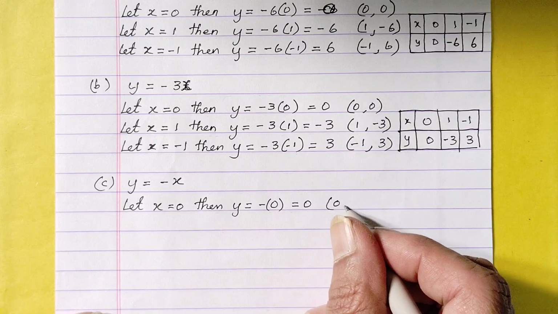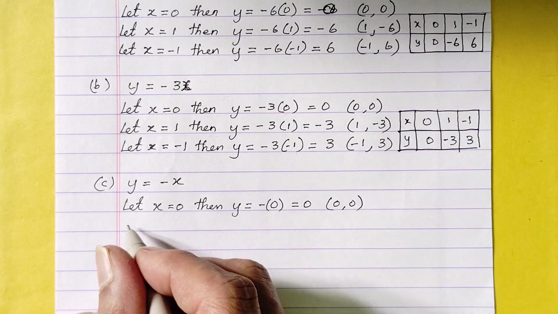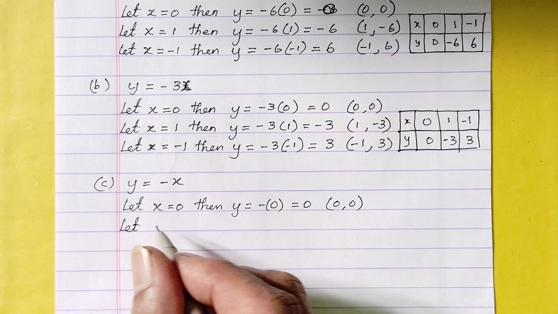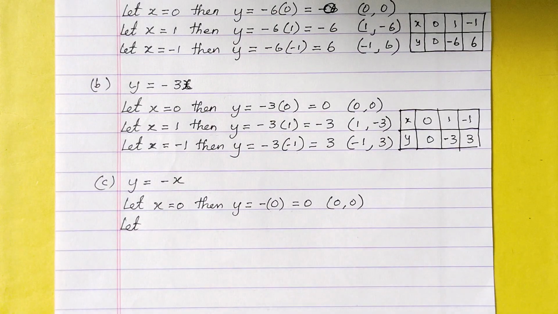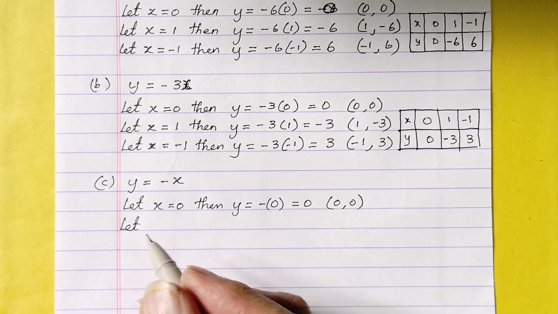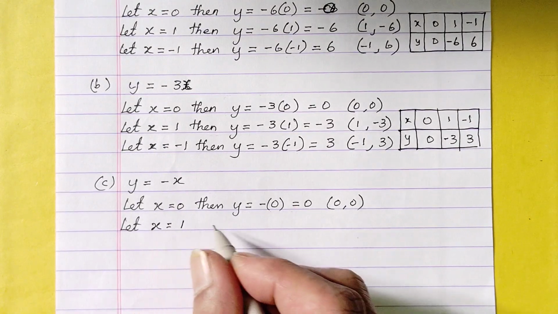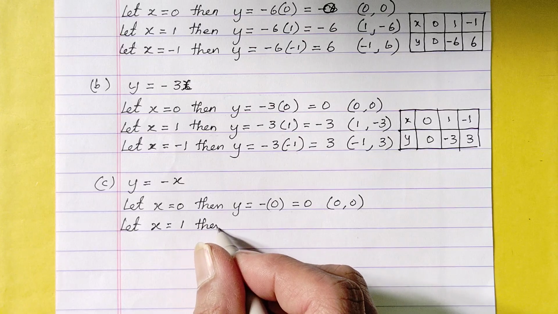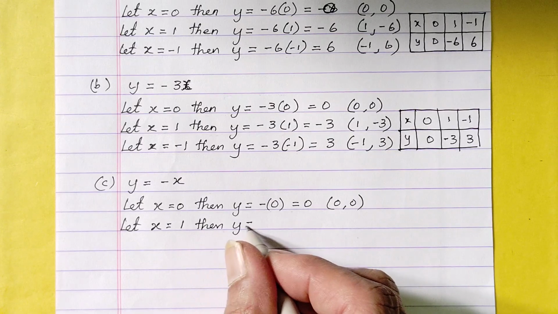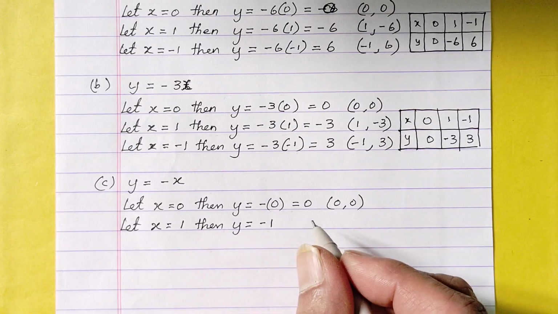So x coordinate 0, y coordinate also 0. Let x be equal to 1, then y is equal to minus 1.